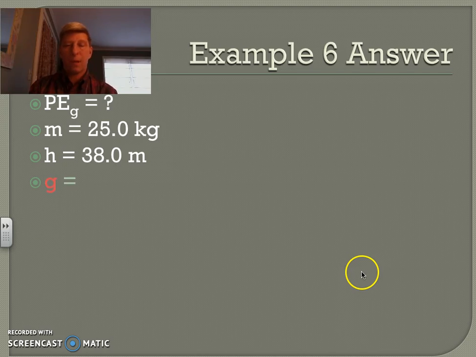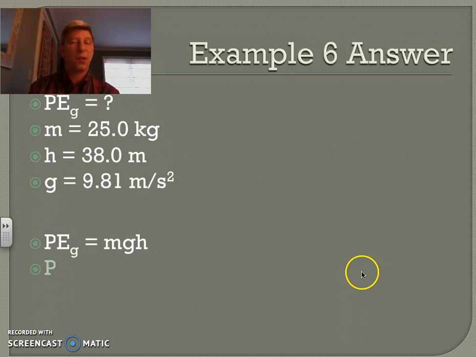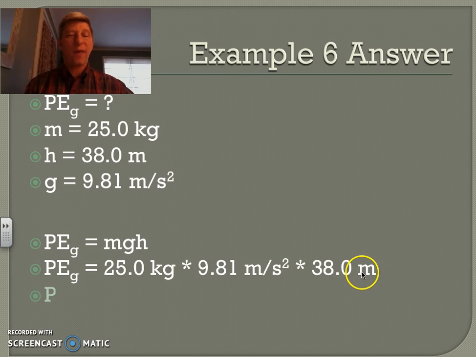All right, I'm going to quickly plug that in. Potential energy is going to equal mgh, and therefore the potential energy is going to be 25 times 9.81 times 38, which is going to give me a grand total of 9,320 joules.